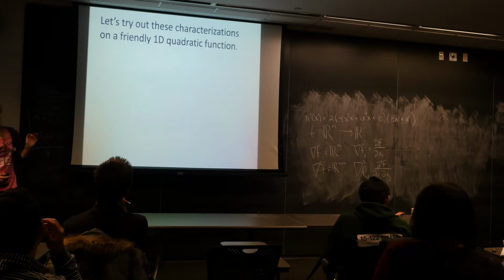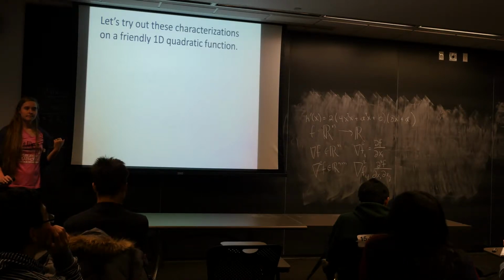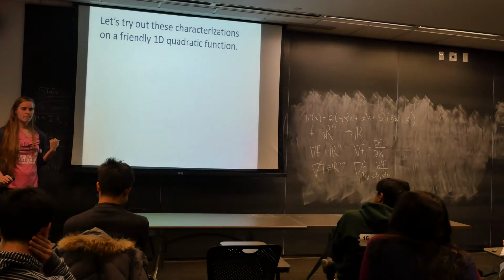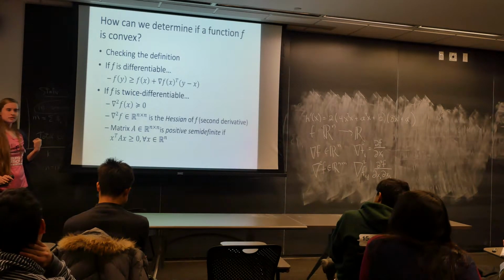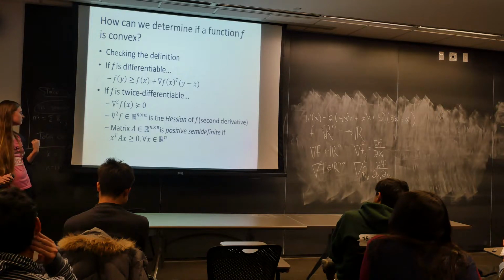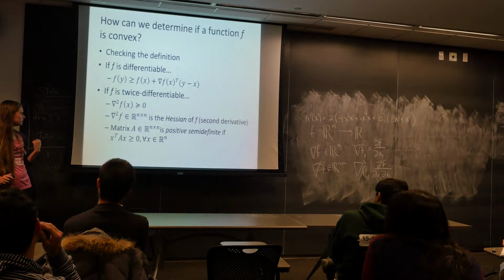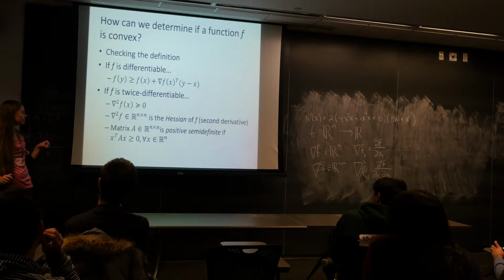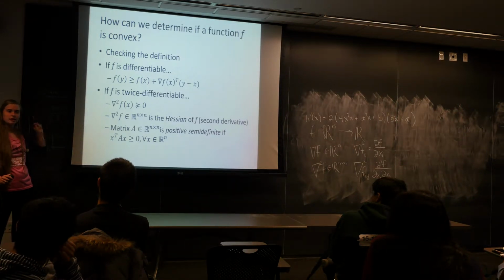So we're going to try out the, yeah? Do you have any sort of intuition for how to determine if the matrix is positive semi-definite, other than that equation? Yeah, there are identities and such. In most cases you can use this definition and think about it, but there are some other identities that you can look up. Yeah?